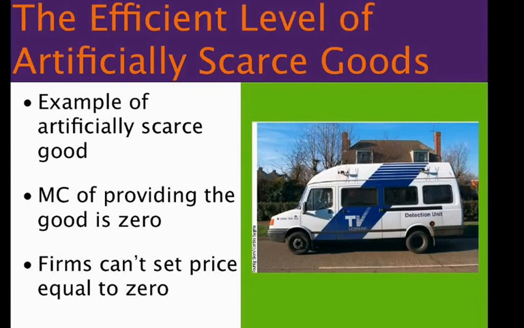And if I watch the movie, it doesn't deny another household from also watching the movie. So the marginal cost of providing the movie to one more household is zero. The efficient quantity would be the quantity where the demand curve intersects the horizontal axis, and the price would be zero.